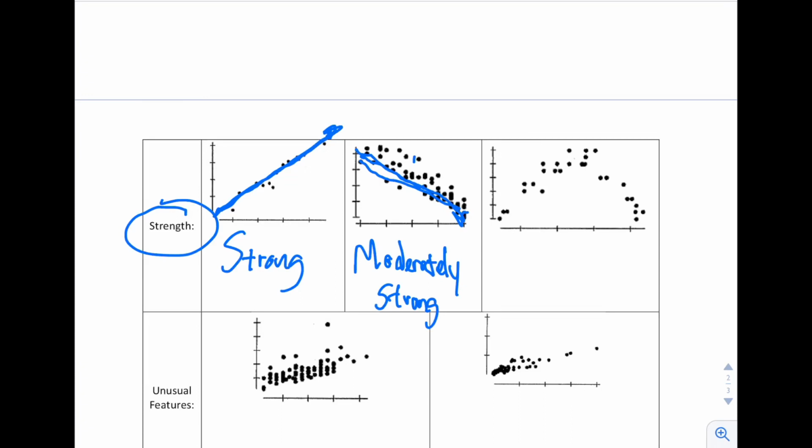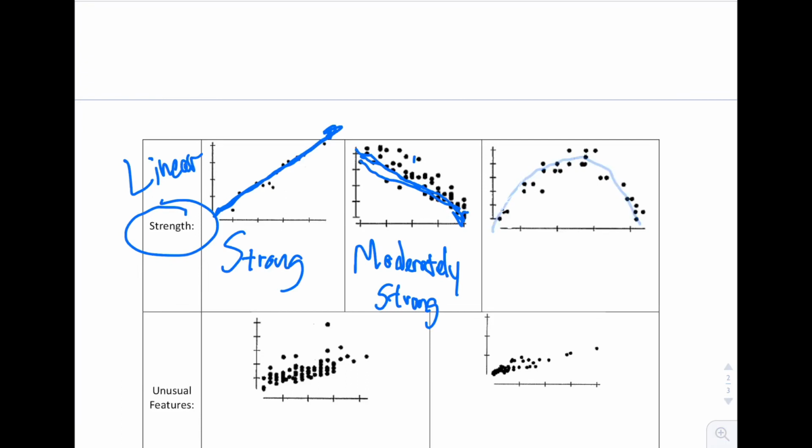Now, this guy over here, the last guy, I know that it has a curved relationship, but when we're talking about strength, we're not talking about anything besides lines. So if you want to add in a term right above strength, let's add the word linear. So we're talking about the linear strength.